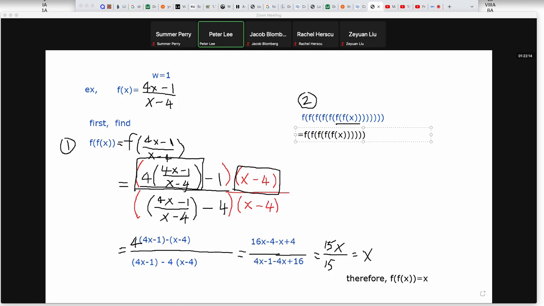I don't know how many I'm putting here, but anyway, it's that, okay? And then what is that equal to? That is equal to f compound f of x, the same as that, with f of x equals x. And then that is equal to f of x.